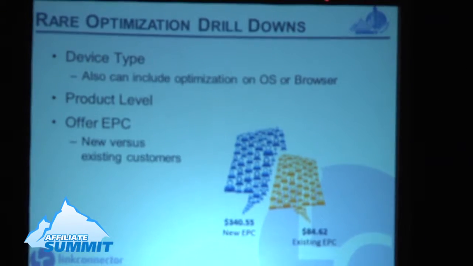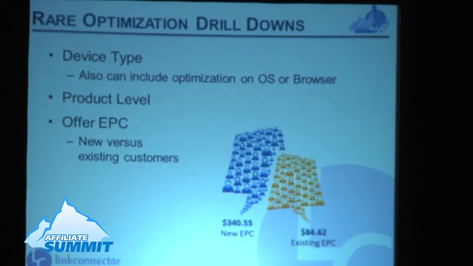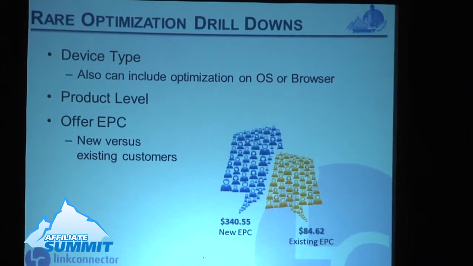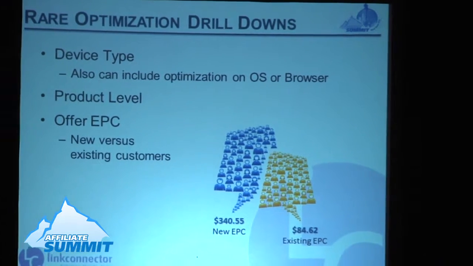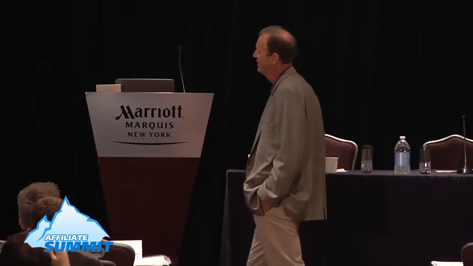So what you want to do is measure the performance of your promotional methods in this light to figure out what things am I doing that drive new customers, what things am I doing that drive existing customers. I do more of the things that drive new customers and less of the things that drive existing, because the opportunity to make money is much greater on the new customer.